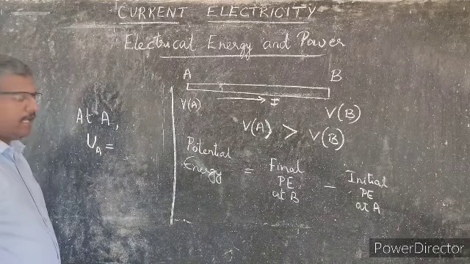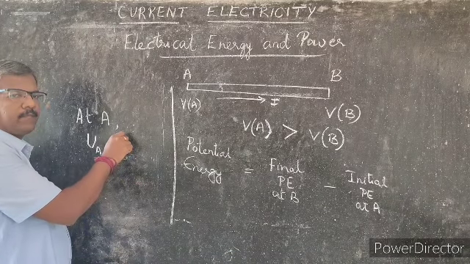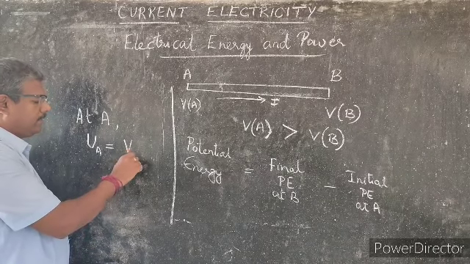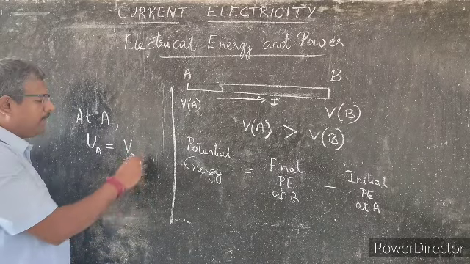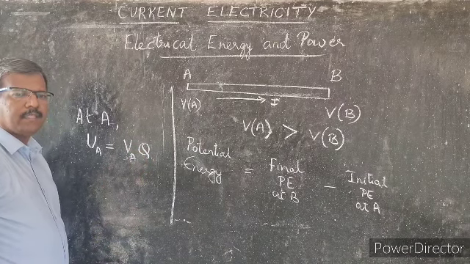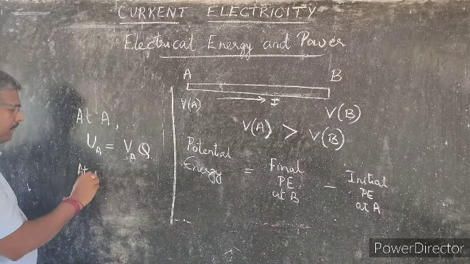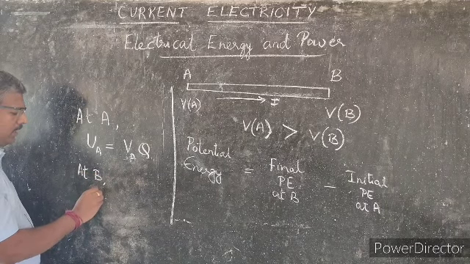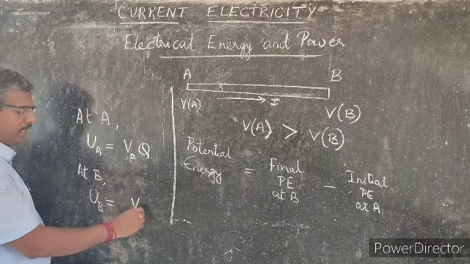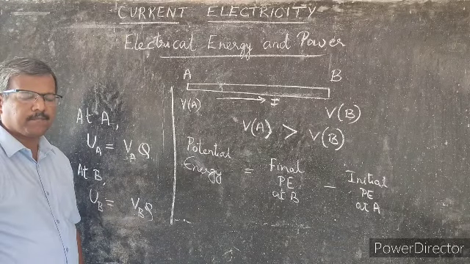The potential energy at A is given by the voltage at A multiplied by the charges. Similarly at B, the potential energy is VB multiplied by the charges.